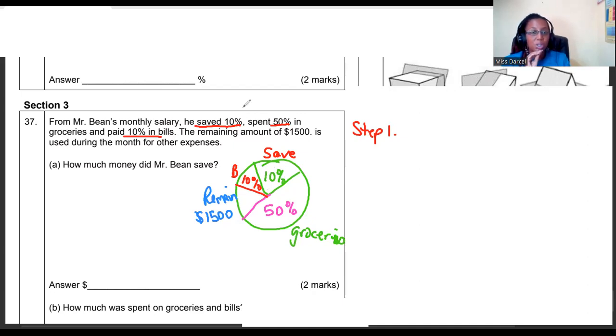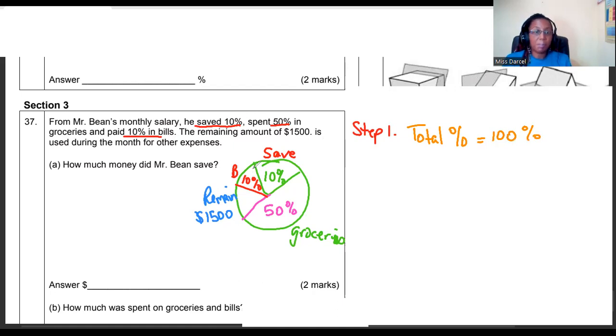So let's go to the question. We're going to use that percentage to help us. We know percentage is out of 100, so the total percentage is definitely 100%.